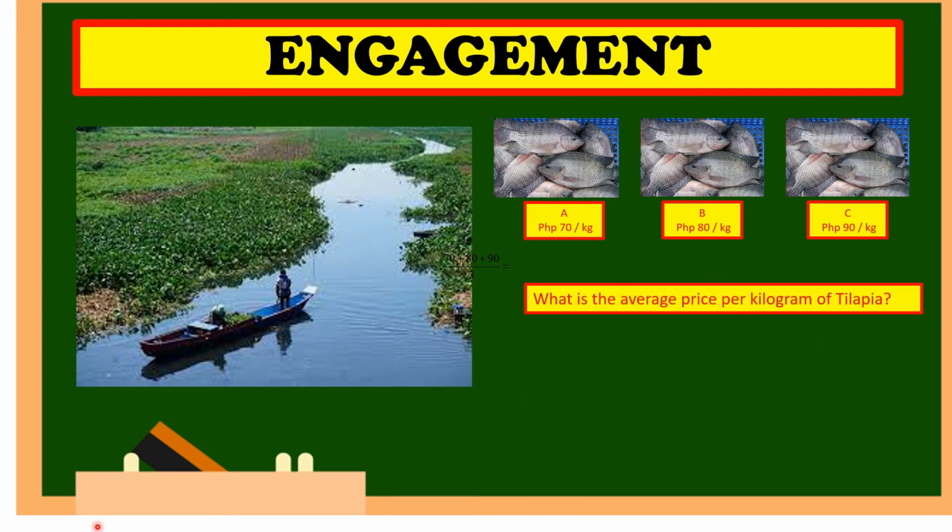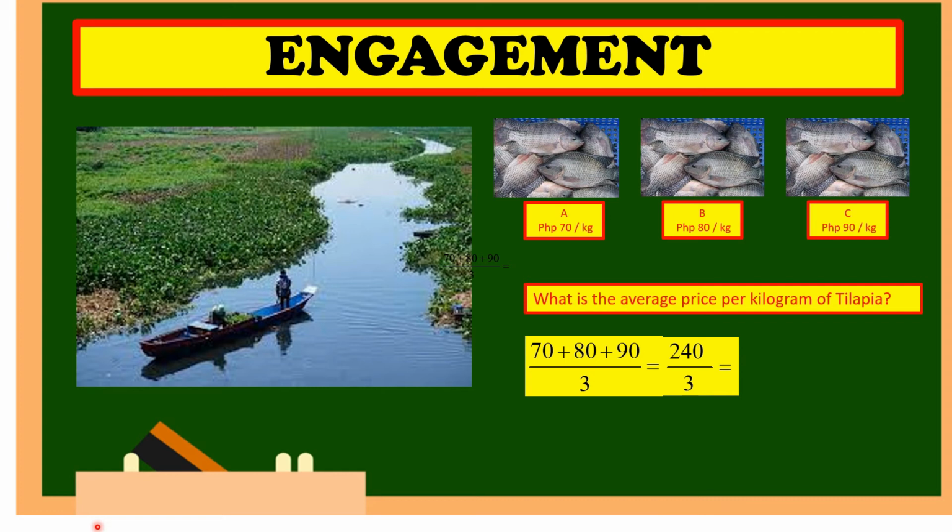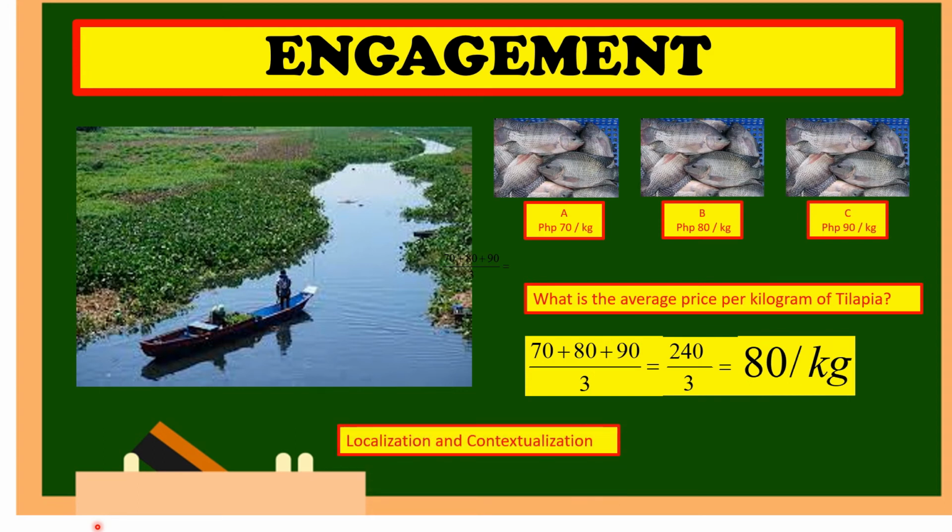What is the average price per kilogram of tilapia? So we need to find the mean. We find first the summation of x, 70 plus 80 plus 90 divided by 3. That is 240 divided by 3, and that is 80 per kilogram. So that is localization and contextualization.